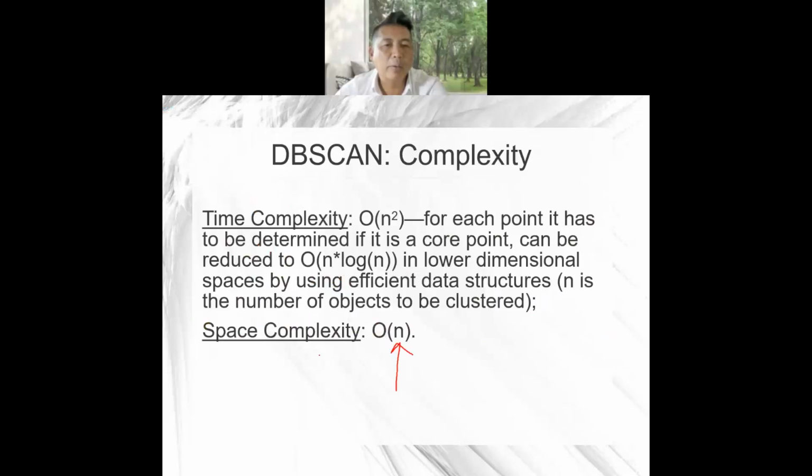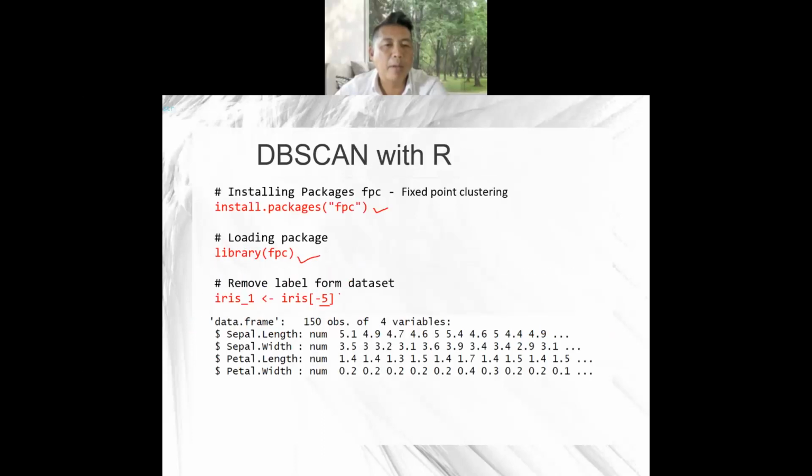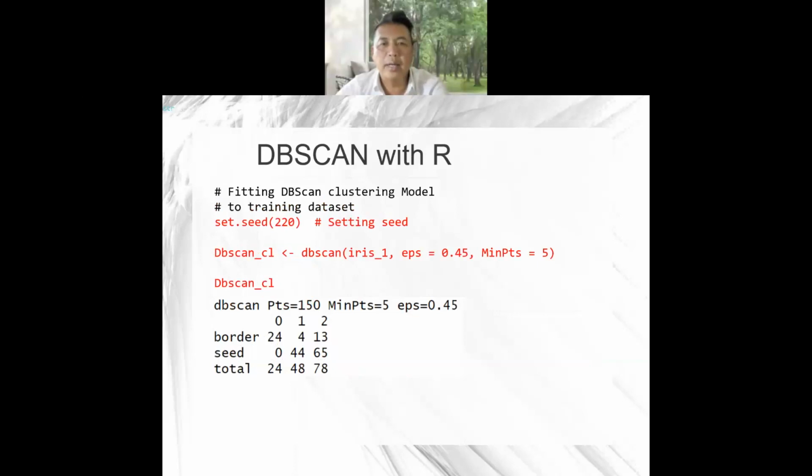So how do we perform that one? We just put iris -5, meaning that we remove the column. Now how do we use DBSCAN? The DBSCAN here is this command.